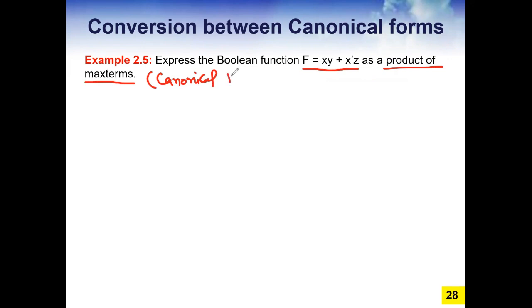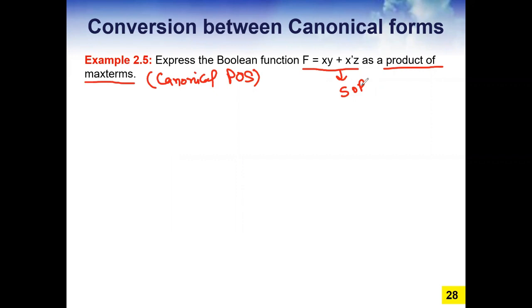Canonical product of sums. Am I right? But the equation is given in SOP. Okay. So now tell me, how can I do this? We solve it for SOP and then convert.